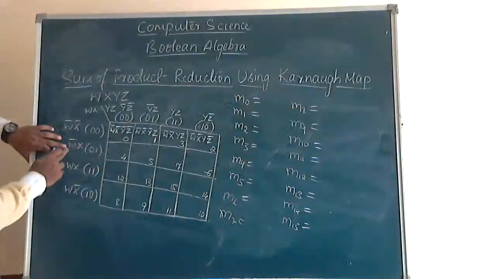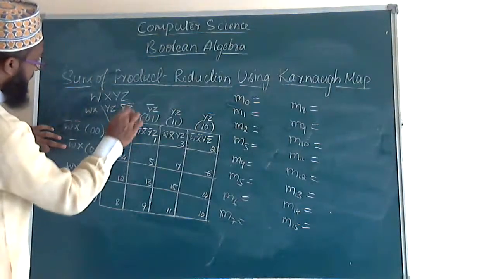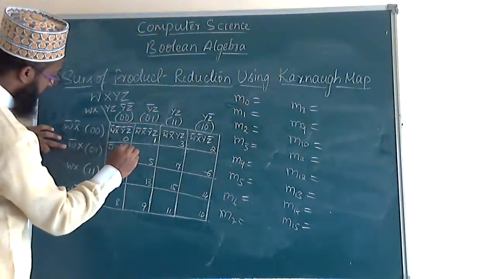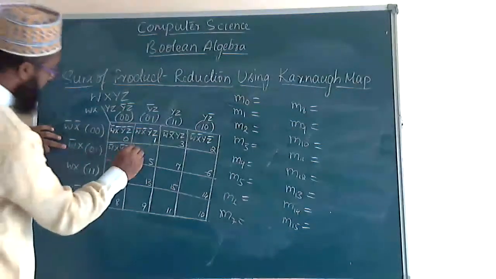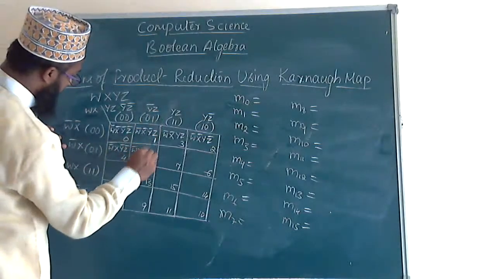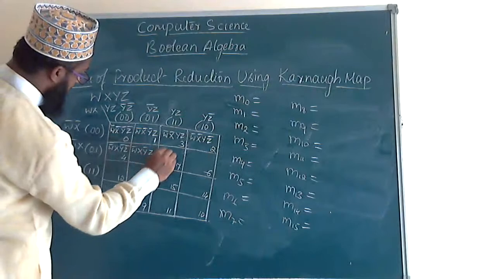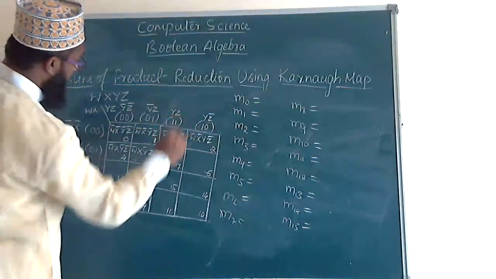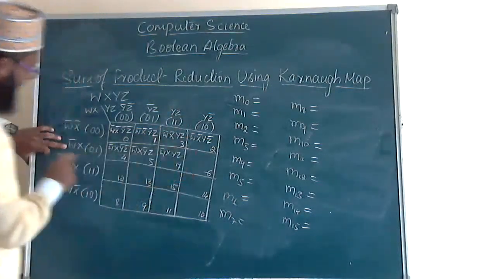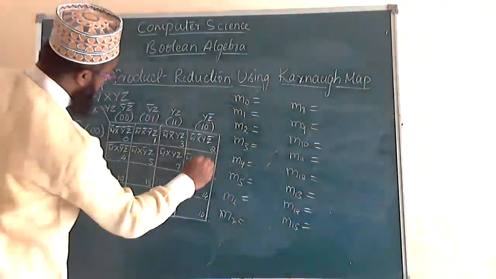Next come to next row, w bar x, then y bar z bar. Next w bar x from here, then y bar z. Next w bar x from here, y z. Next w bar x from here, then y z bar.